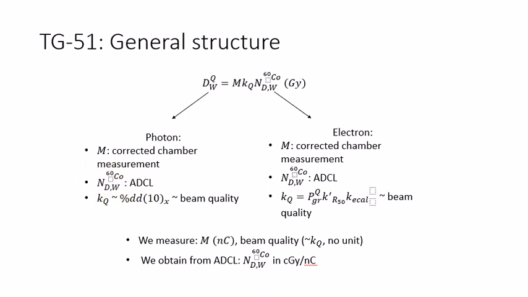So this value does not come from our annual TG51 measurement, and different chambers have different NDW values. This NDW cobalt 60 factor has the unit of centigray per nanocoulomb or centigray per coulomb.